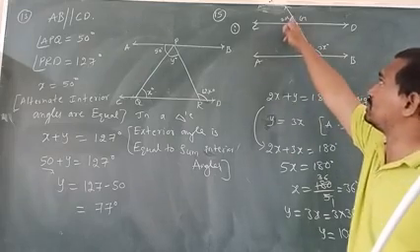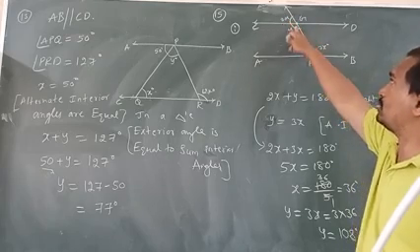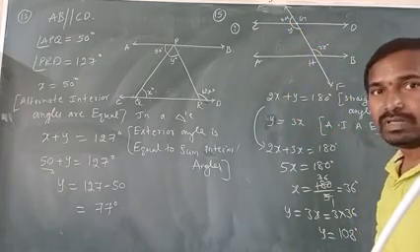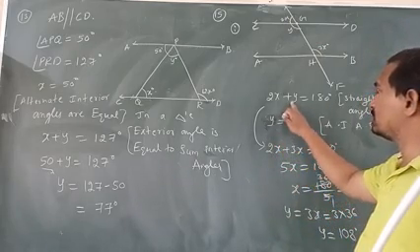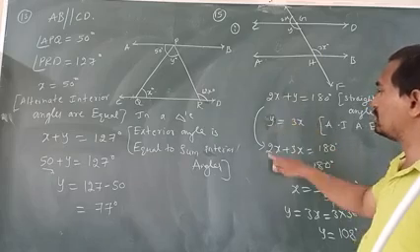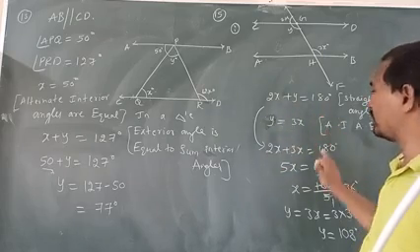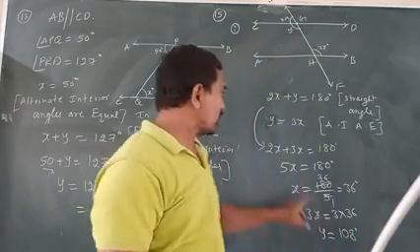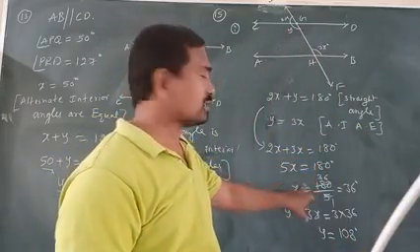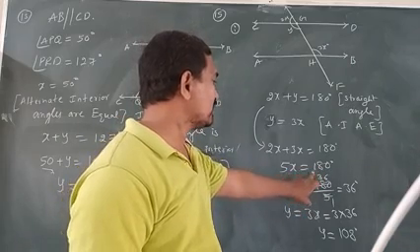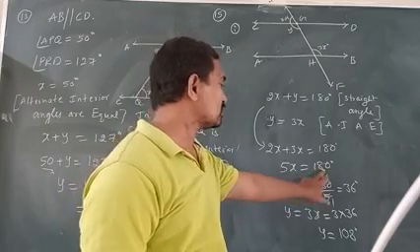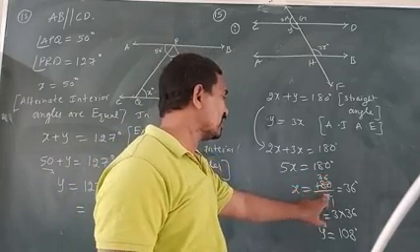Next, this is a straight angle, so 2x plus y equals 180 degrees. Substitute y equals 3x in this equation: 2x plus 3x equals 180. That is 5x equals 180. Transpose 5 to the right side, so divide 180 by 5.